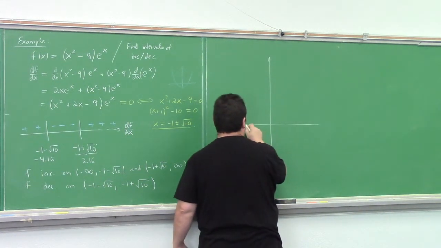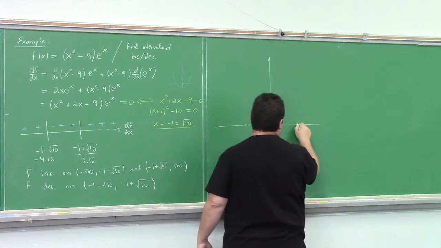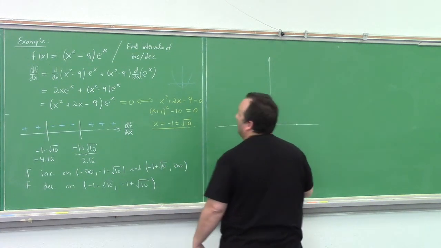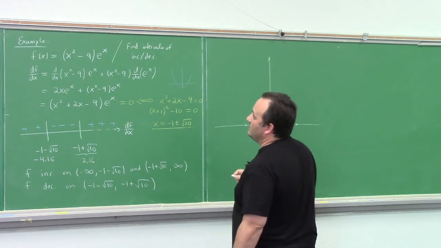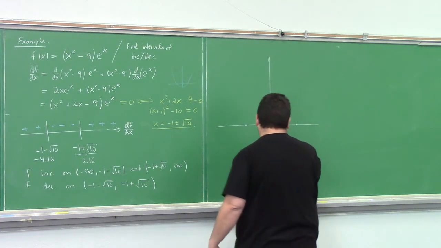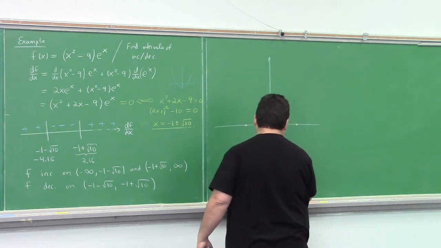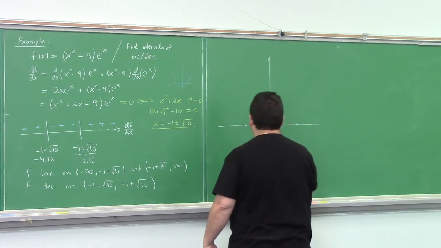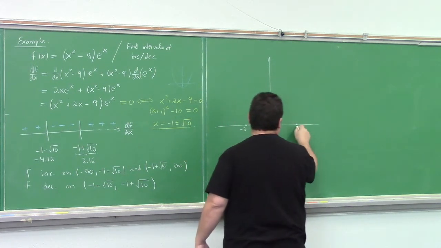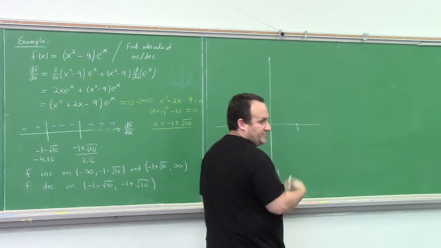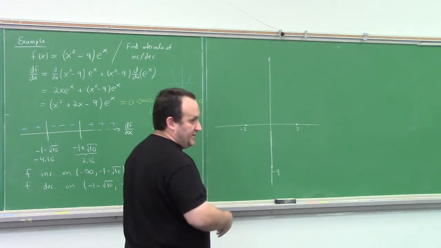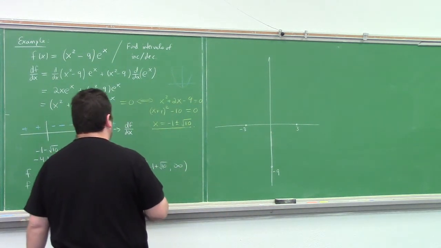So f of 0 is minus 9. That's not calculus, that's just pre-calculus stuff. Those are points on the graph. This function is what?